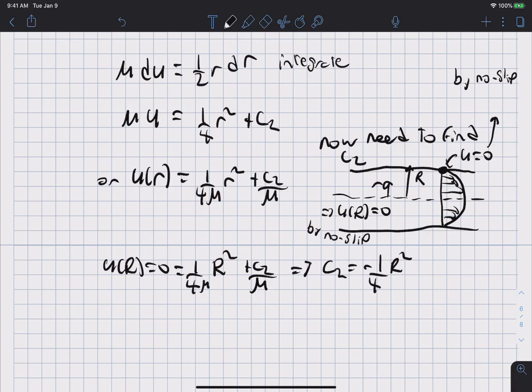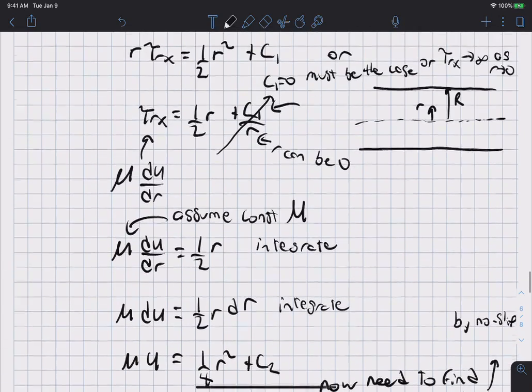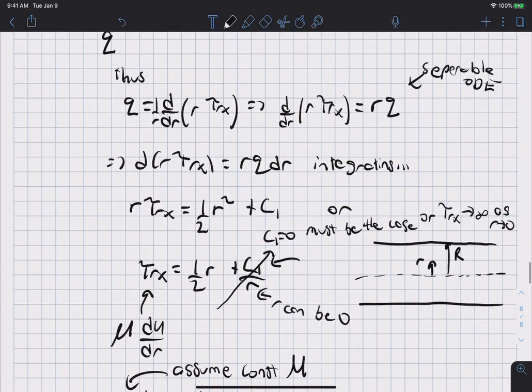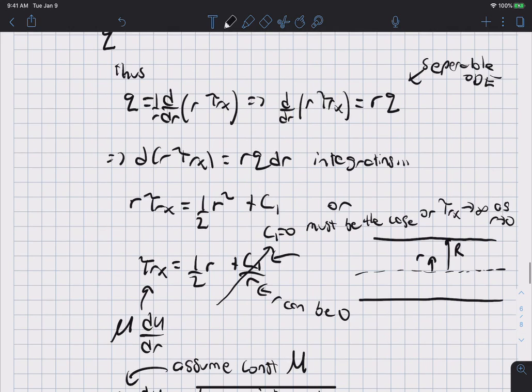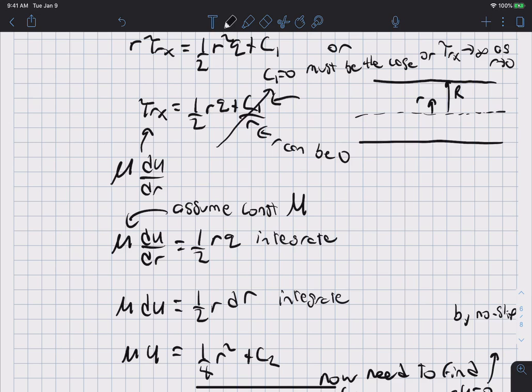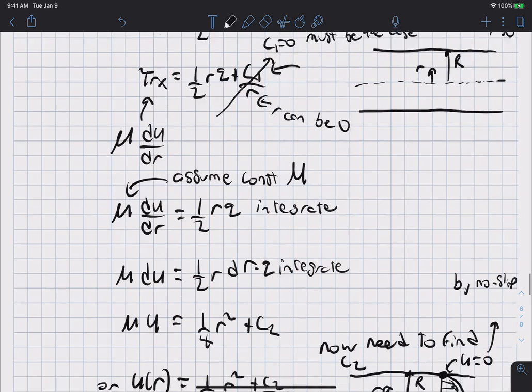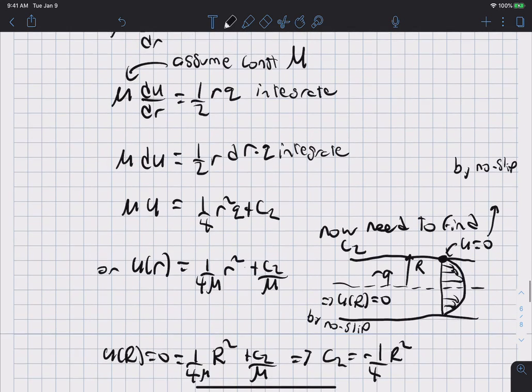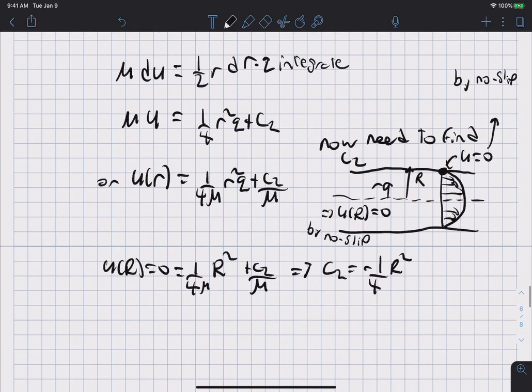Oops, I missed a Q here somewhere. Sorry, all the r's above should have been multiplied by Q. So that's R squared Q. Sorry about that.